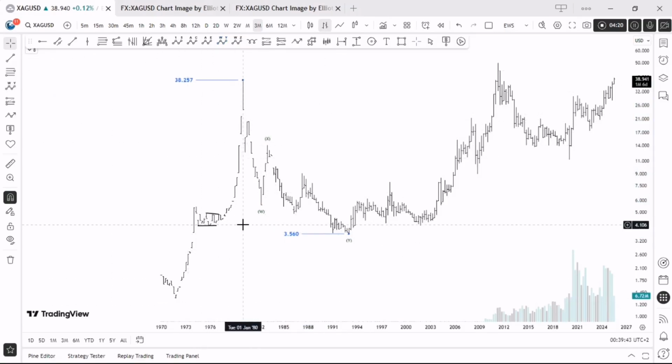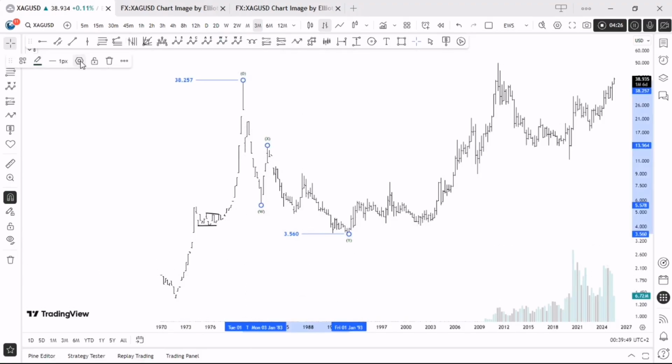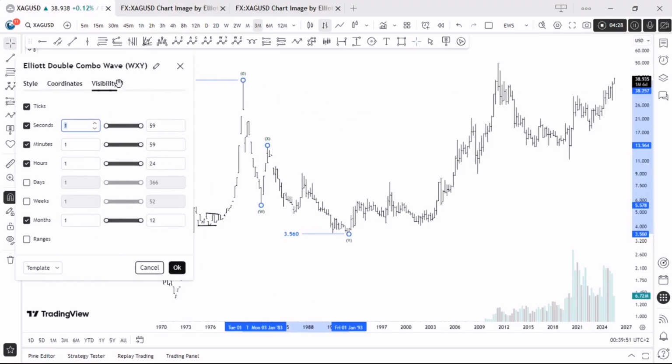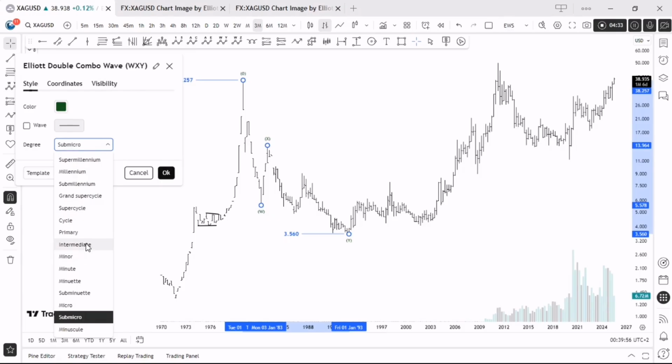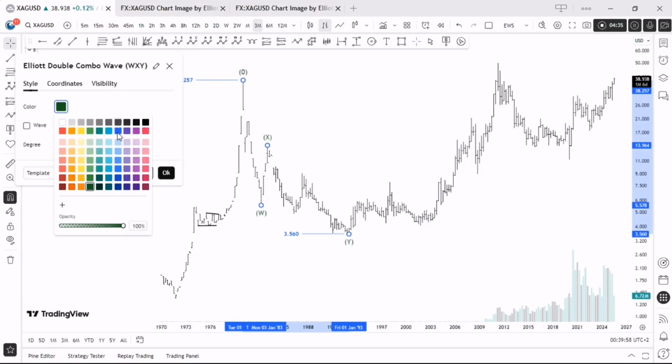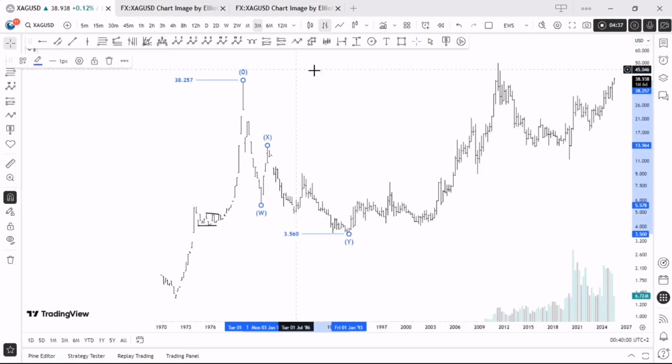Now let me look at this. It's 1980 till 1993. So I think it would be safe to say this is a minor degree or intermediate, but I would choose the intermediate degree in this case.